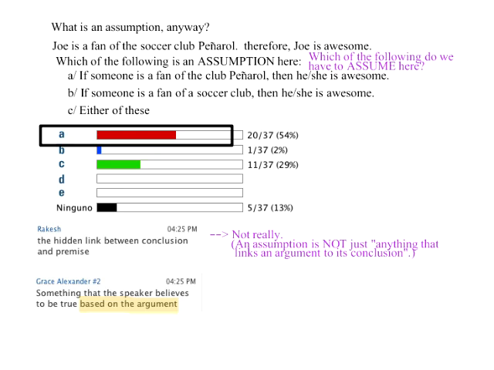But this is backward, meaning that the argument is based on the assumption, or assumptions, not the other way around. So it depends on what you meant. If what you meant is that if you hear the argument, then you know the speaker was assuming this, then yeah, that's true. But if you mean that this is a statement that is based on the logic of the argument, then no, it's not true. So, okay.